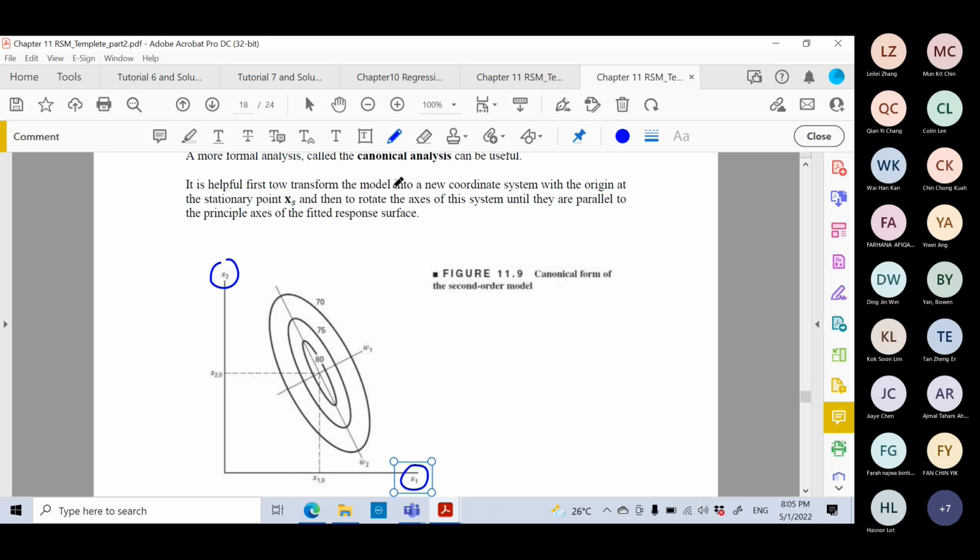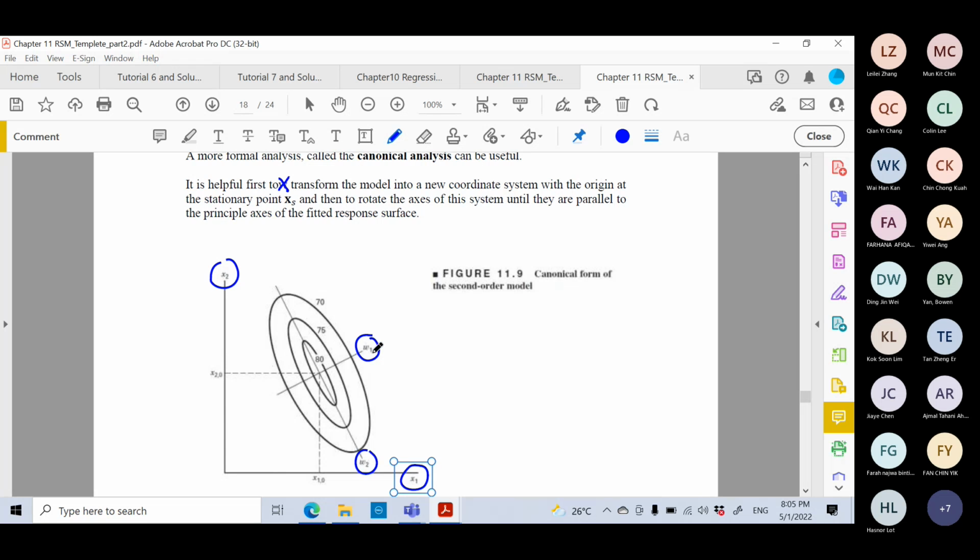The analysis tries to transform the axes x1 and x2 to the new axes called w1 and w2, the new variables here. It is helpful to transform the model into the new coordinate system with the origin at the stationary point.